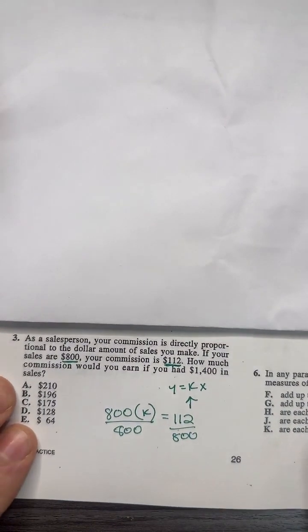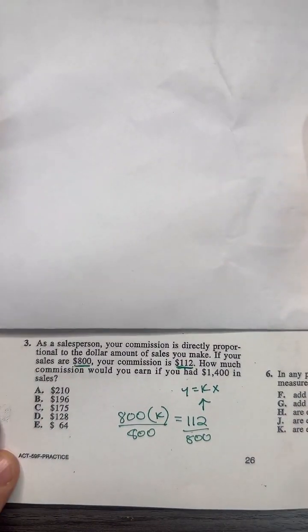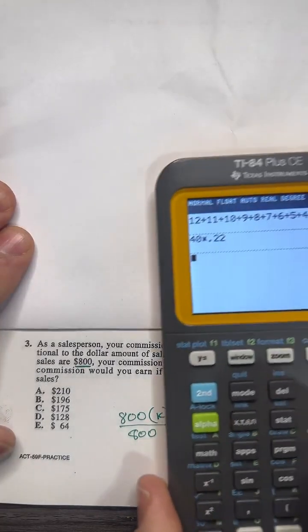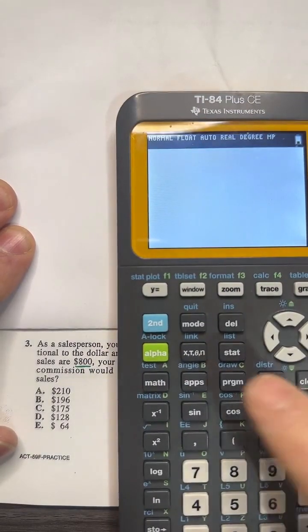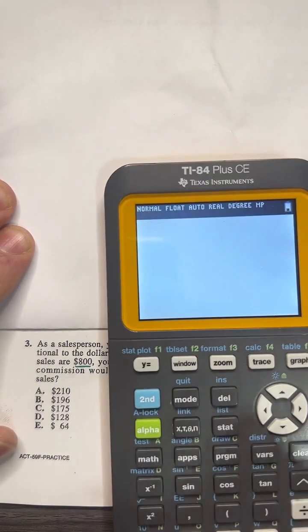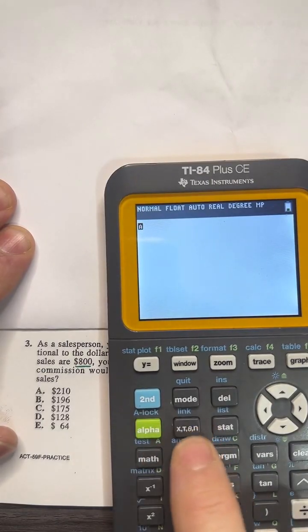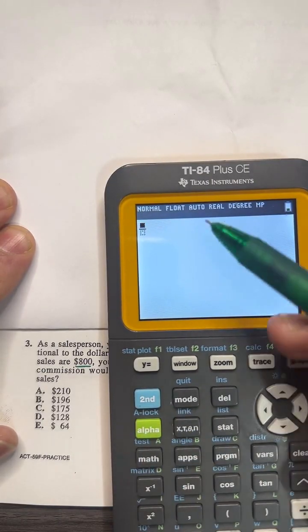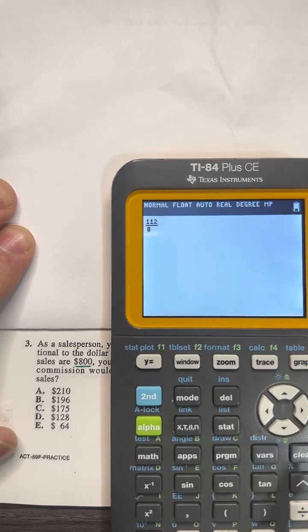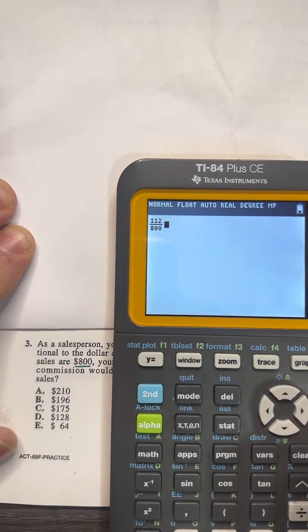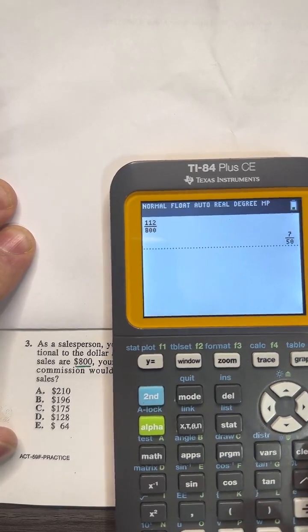One thing I haven't really talked about is the calculator. Now, this right here is a TI 84 CE Plus. You want to get this calculator for the AP exam because of this alone. Alpha X. We get this fraction. Do you know how many times students get problems wrong just because they mess up a fraction when they put it in?